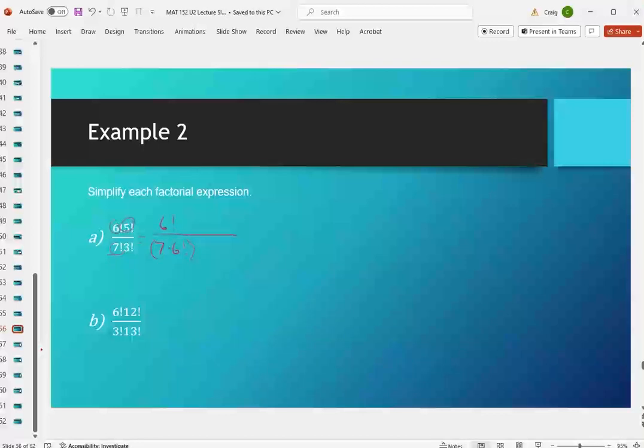Let's write this 5 out, 5 times 4 times 3 factorial, and that'll get rid of this one. And now we can do a little bit of division here, and we're left with 5 times 4 over 7, or just 20 over 7.